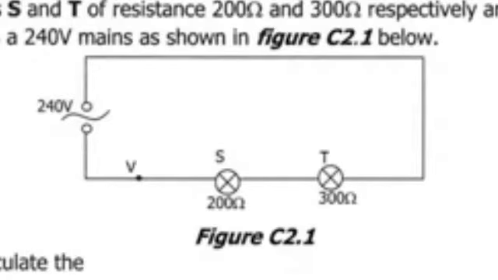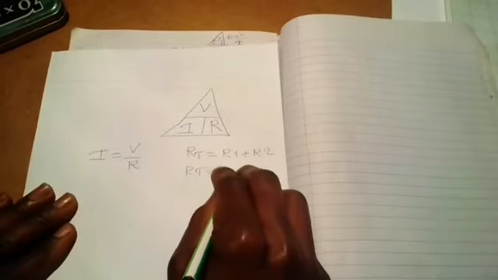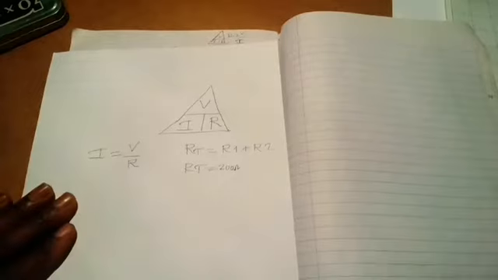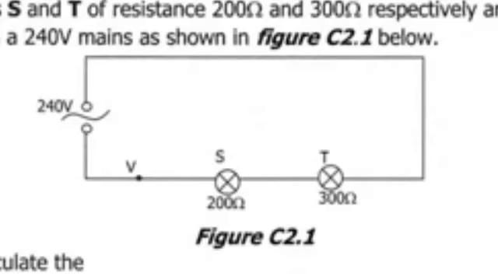When we look at the diagram, what is R1? R1 is 200. So RT is equal to 200 ohms plus R2.